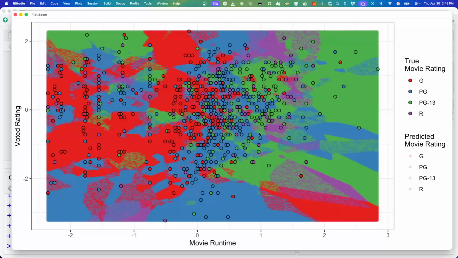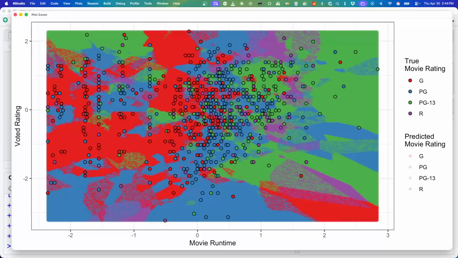This is the allusion to the dividing line between predictive models and more causal models, which we're going to get into a lot more today.